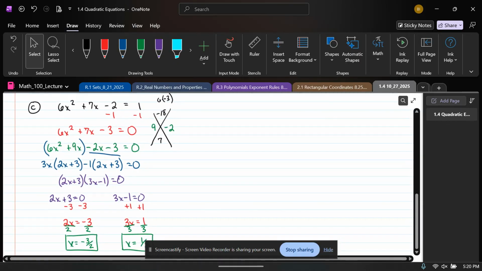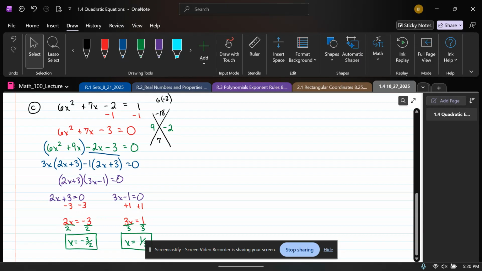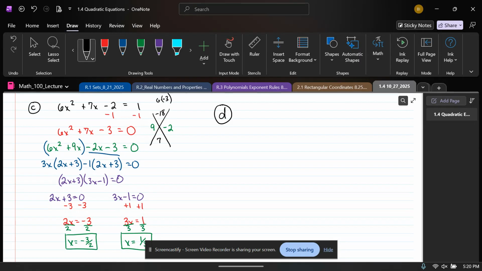A little bit more difficult because we have a number in front of the x squared. So it's a little bit more lengthy factoring step there, a little bit more work to do on the solving, but it's the same kind of setup. Let's try another one of those.